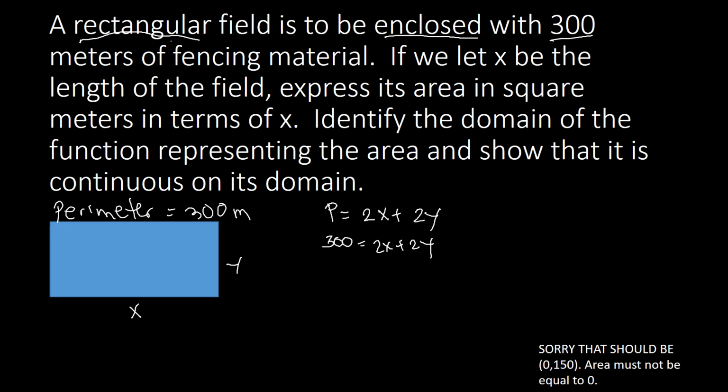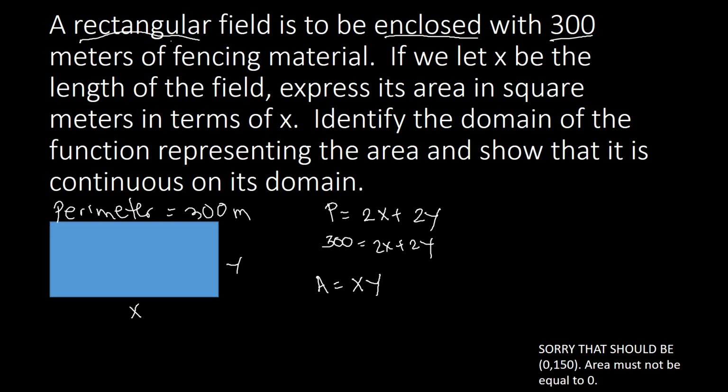Now, we are asked to express the area in square meters in terms of x. The area of a rectangle is equal to length times width, and we let our length be x. So we have x times y.